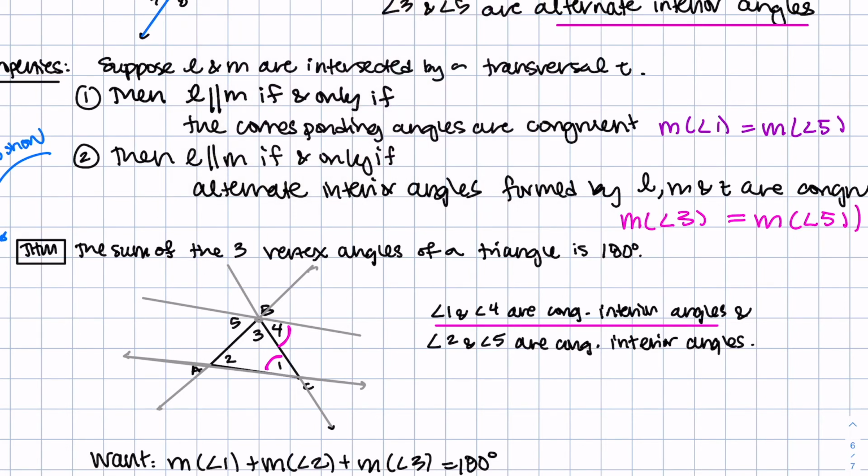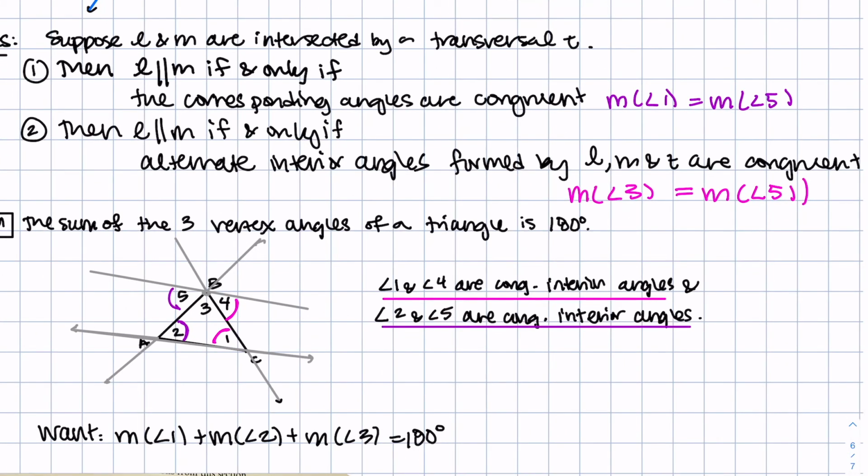Also, angle 2 and angle 5 are alternate interior angles, so they're also congruent. Writing this out, the measure of angle 2 should be equal to the measure of angle 5, and the measure of angle 1 should be equal to the measure of angle 4.